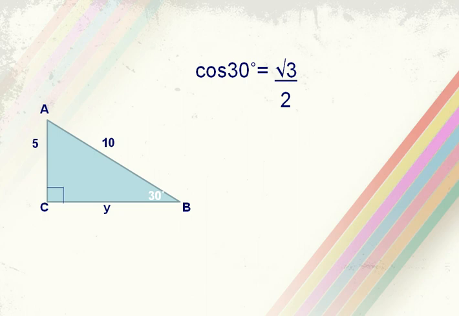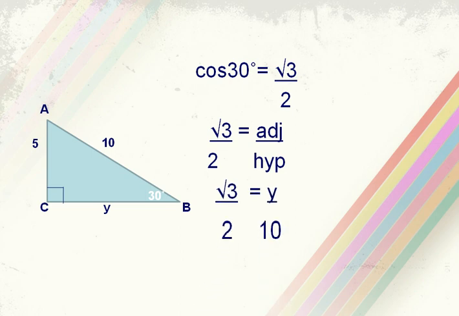Now we also know what the cosine is in terms of ratios. Cosine is adjacent over hypotenuse. And in this case, the adjacent is y over 10. So, simple multiplication and division, and we get an answer of 5 root 3.